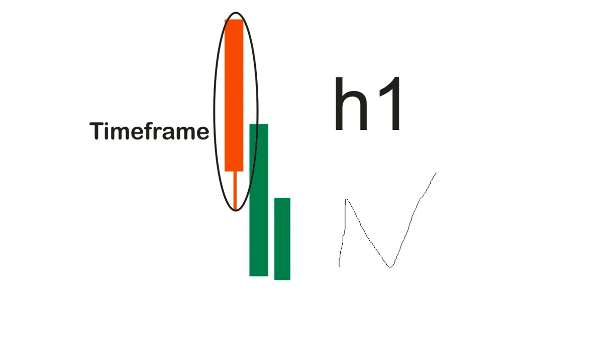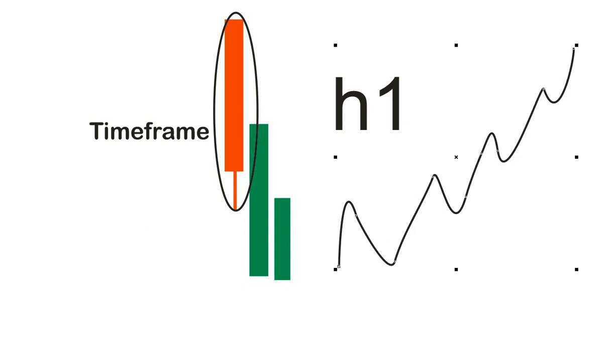Watch here. I want to show you something. Do you see this? This is how the market operates. Now, all these things you are seeing are symbols of candlestick movement.